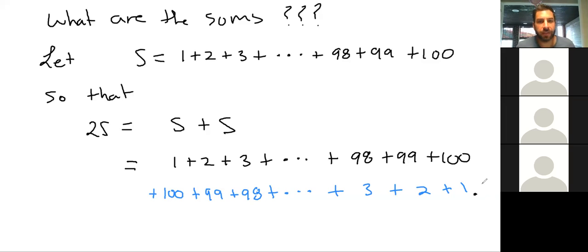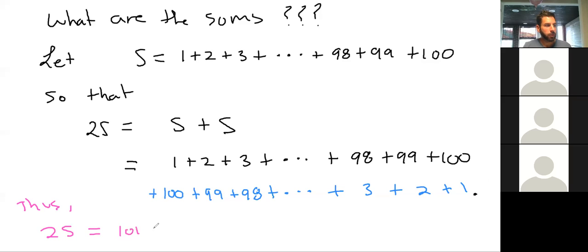But the beauty of this is what follows. Look at this and notice how I wrote it. If I now add vertically, each one of those terms adds up to 101. So let's be very, very careful with how we do this. My left-hand side of my equation is 2s, but what's my right-hand side?